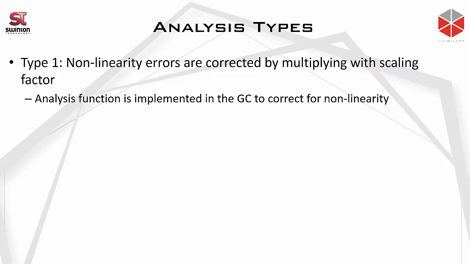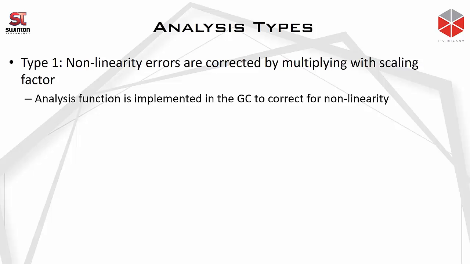So this analysis function is implemented in the GC. Based on the ISO 10723 result, the constants generated by the ISO 10723 performance evaluation test are then implemented in the GC. Therefore, the GC automatically corrects for any bias that arises because of the nonlinearity of the GC.